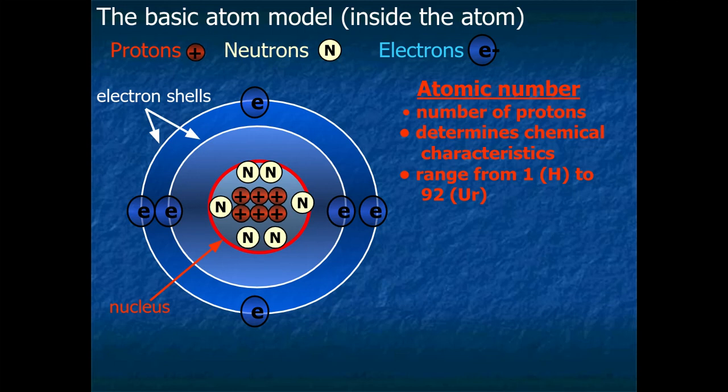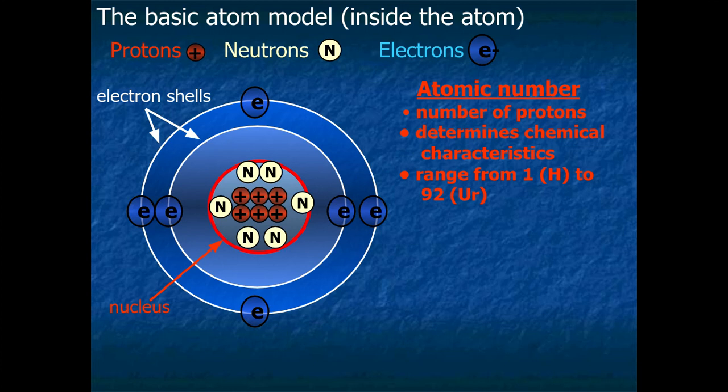Because of that, again, we're describing the behavior of materials. The individual number of protons, or the atomic number, determines the chemical characteristics of each of the elements or atoms. So when we say an iron atom versus a silica atom, they will have differing atomic numbers, or differing numbers of protons, which describes the particular physical properties of that atom.